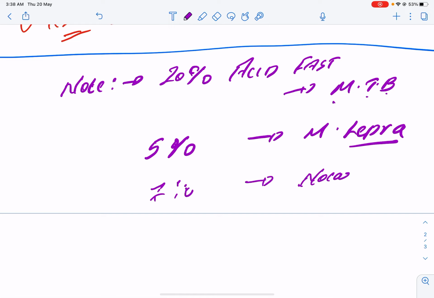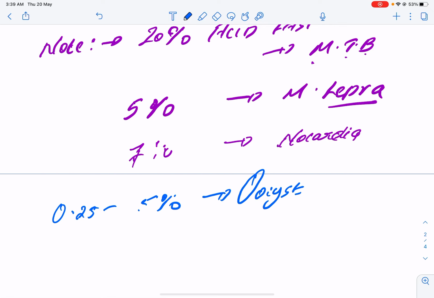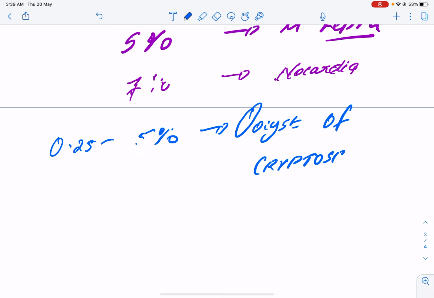They are partially acid fast positive. And remember the least positive, around 0.25 to 5%, is shown by the oocysts of Cryptosporidium, then Cyclospora, as well as Isospora.